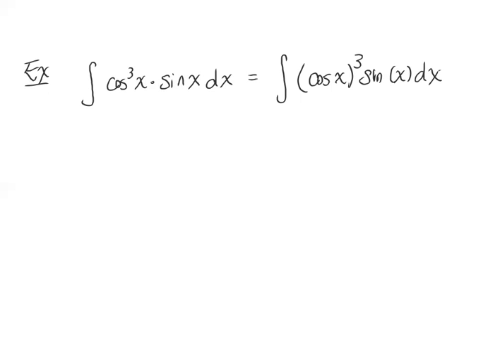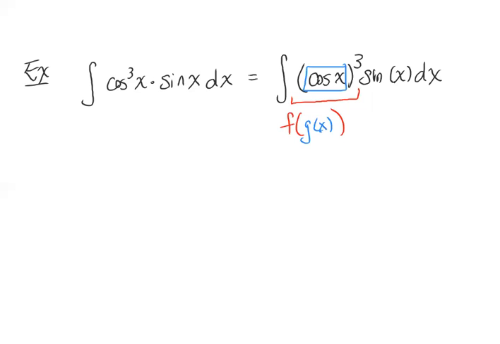And now I can recognize this as a composite portion of the function. I can recognize this as f of g of x, or f prime of g of x if you prefer. They're both compositions, where my g of x term is what's inside. It's the cosine of x.